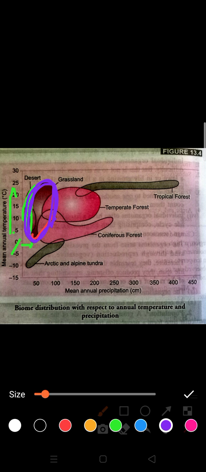In grassland, children, temperature is high but rainfall is very less, so only grasses usually grow, because the climatic conditions are not there for big trees to grow. Such trees are present which can store water, and they generally grow far apart, with long grasses. That's why this biome is known as grassland. I hope that much is clear.